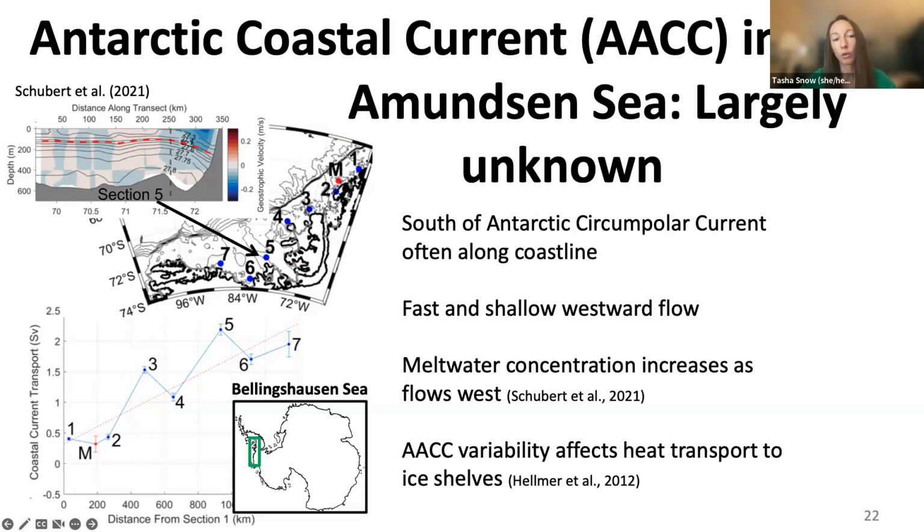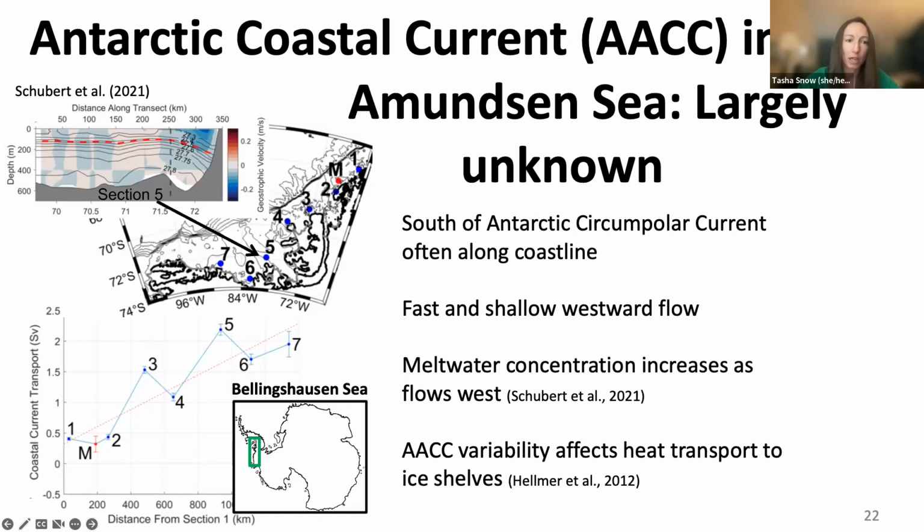And we know that it goes all the way to the Ross Sea, where it can impact deep water formation that happens in the Ross Sea. So more meltwater within the coastal current potentially prevents deep water formation in the Ross Sea. So it's important for global ocean circulation because that deep water feeds the entire globe.